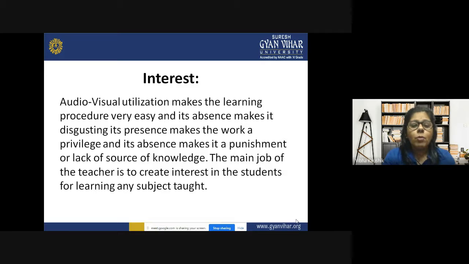The main job of the teacher is to create interest in the students for learning any subject, and with the help of audiovisual aids, we are able to create the interest of the learners in that particular topic or concept. Then only will we be able to gain the interest of the learners in that subject.